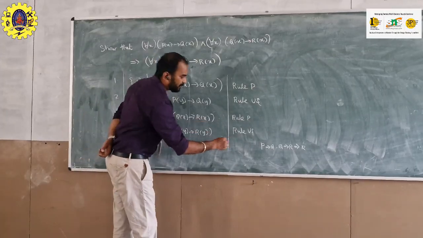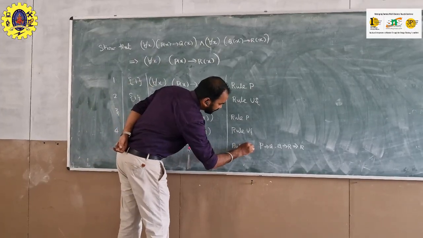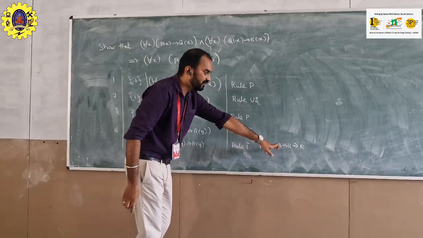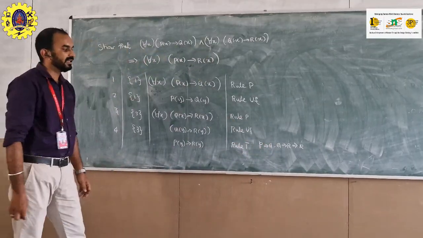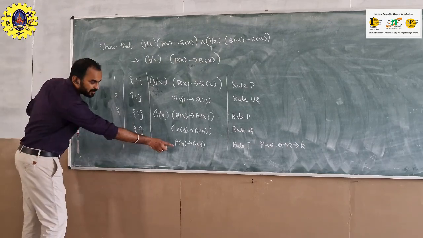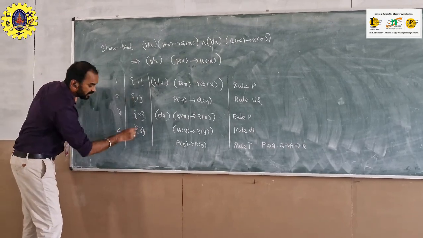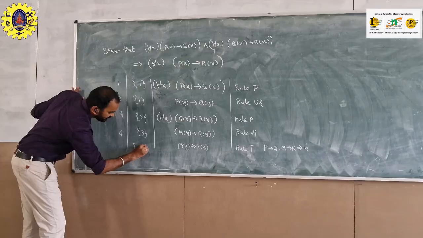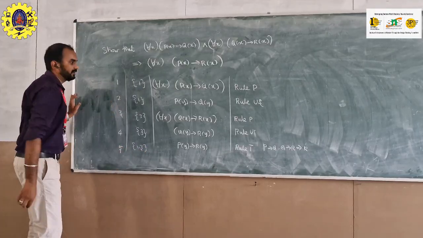Here I use rule P, the formula is P → Q, Q → R implies P → R. Every time we mention the use of formula. Here this comes from steps 2 and 4. This is step number 5.